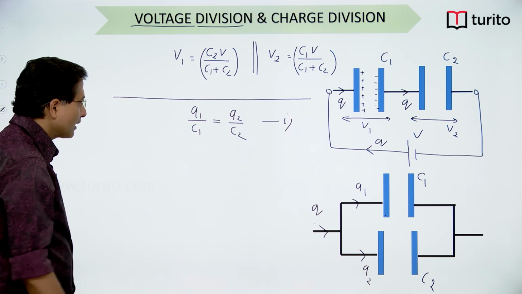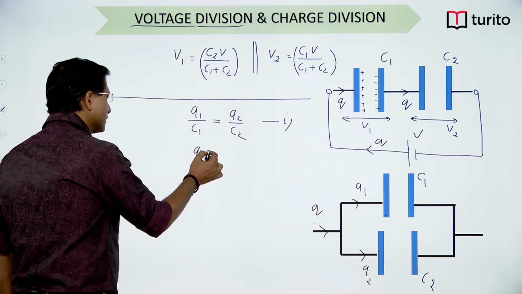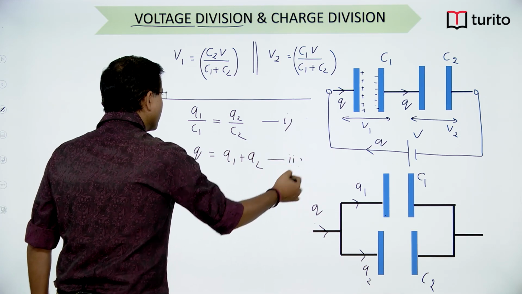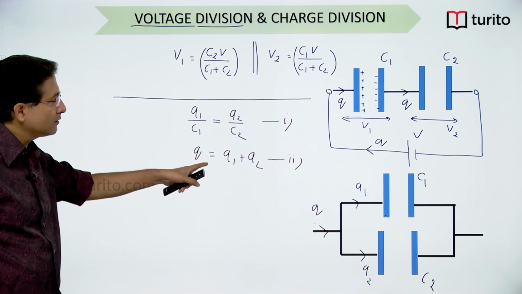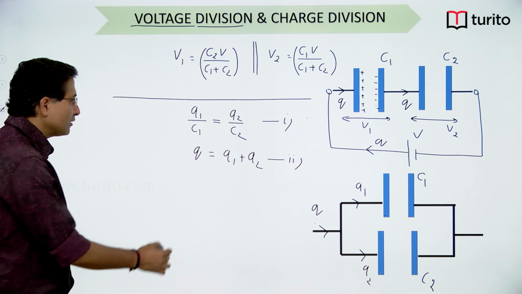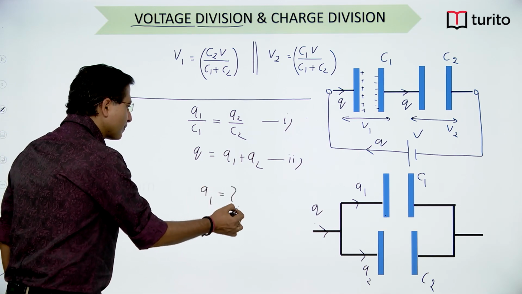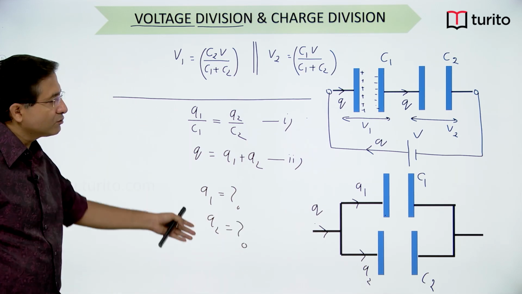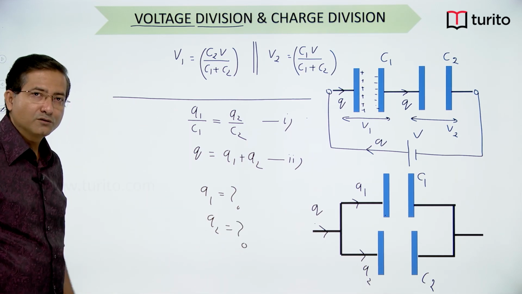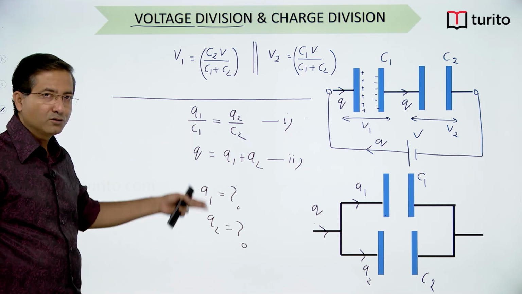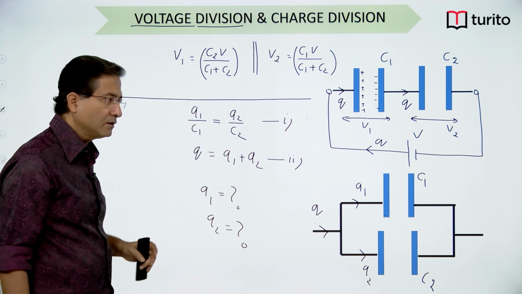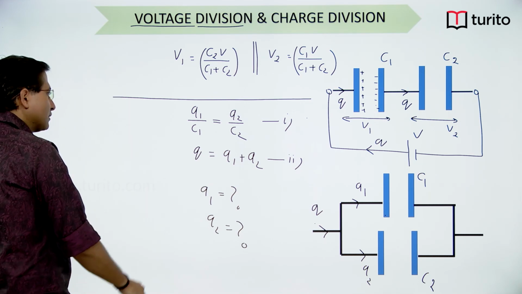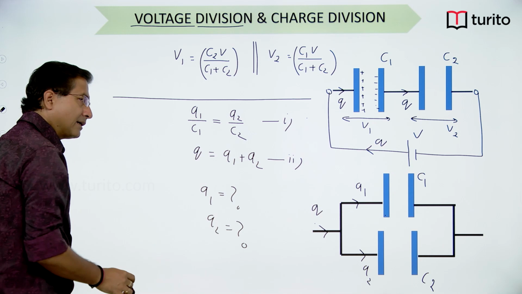And another equation I have is Q is equal to Q1 plus Q2. So these two equations you can solve and you can find out the value of Q1 and Q2. This is using Kirchhoff's law, there we use direct logic. So you can solve these equations and finally you are going to get, I am directly writing.